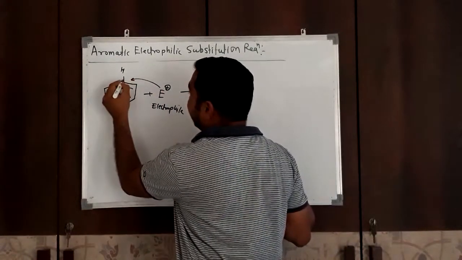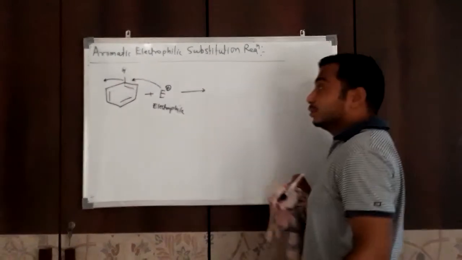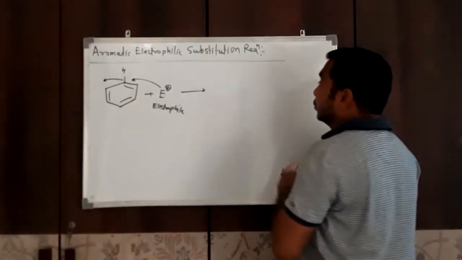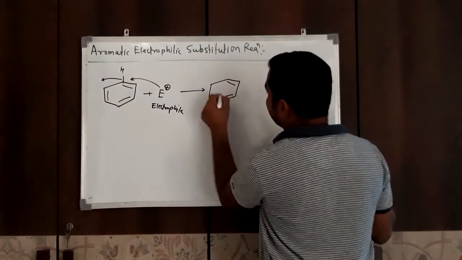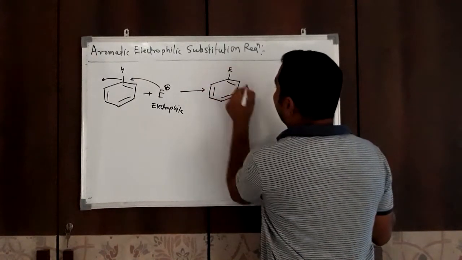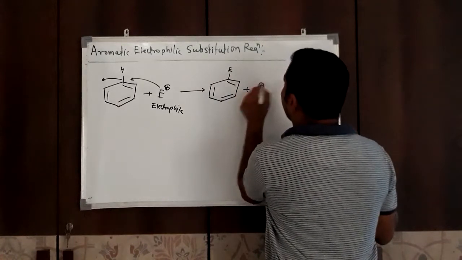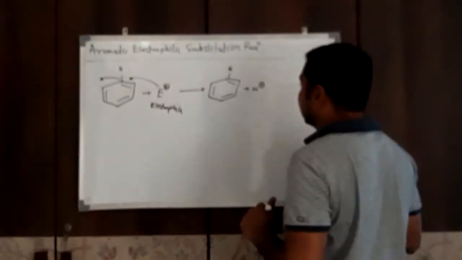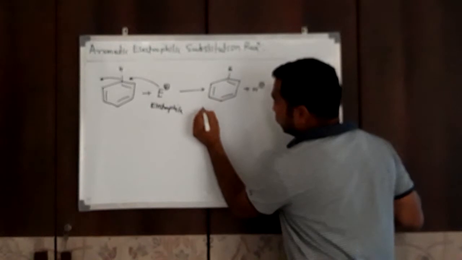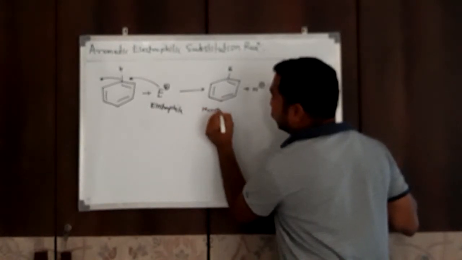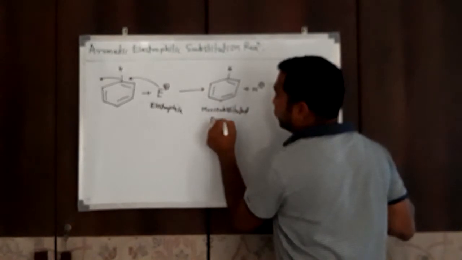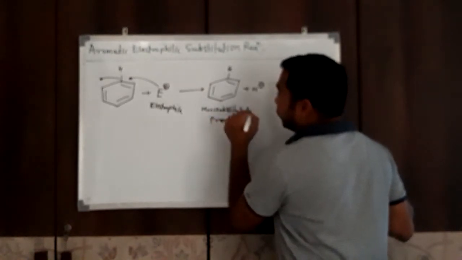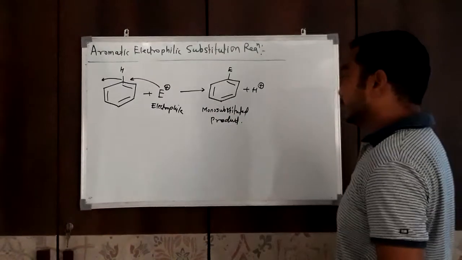This electrophile replaces one of the hydrogen atoms from the benzene ring, giving the product with E, and H plus gets eliminated or replaced. So it is a monosubstituted product of benzene.